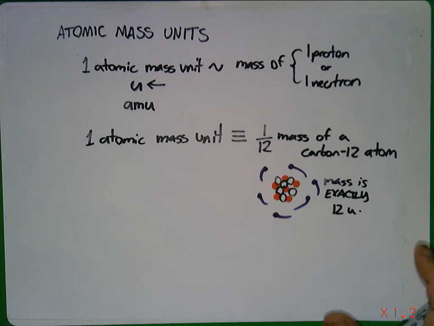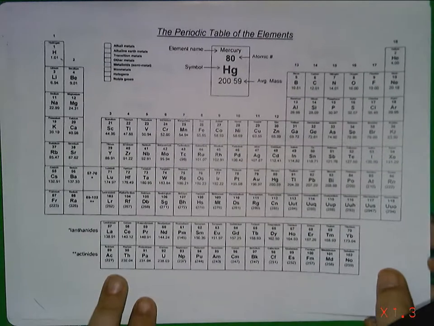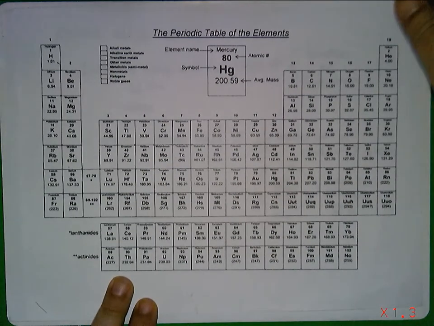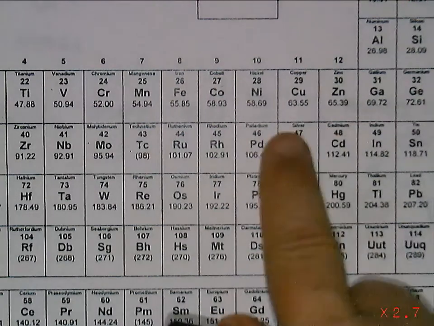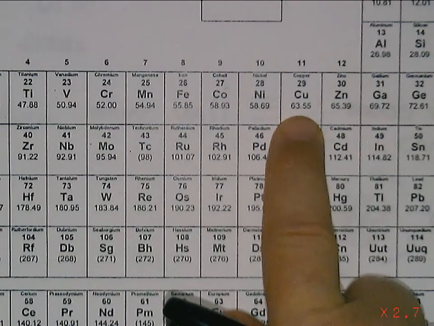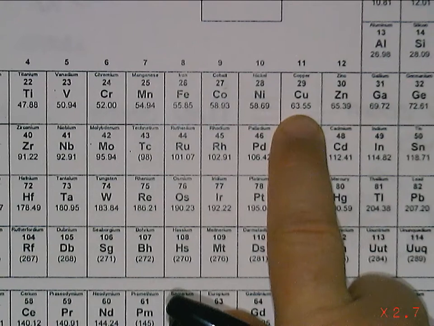Okay, so you can use atomic mass units to express the masses of atoms, and it is real easy for you to just look up the masses of atoms. If I want to look up the mass of a copper atom, on the periodic table, they give me the average mass of a copper atom.